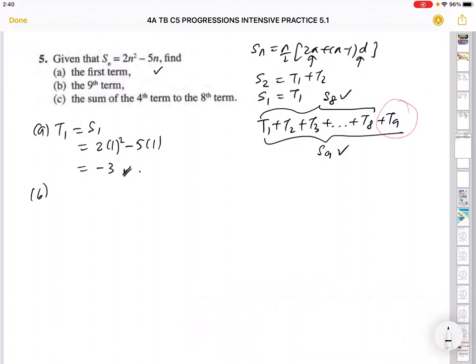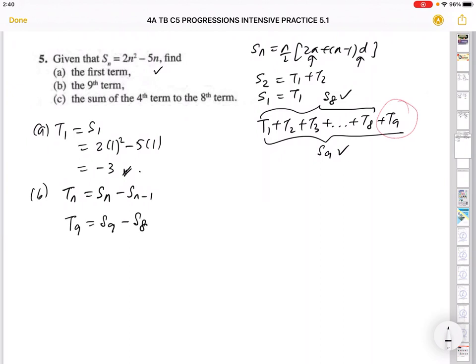This formula is applicable to both arithmetic and geometric progression. To find Tn from Sn, we use Tn equals Sn minus S(n-1). So if I want to find T9, I take S9 minus S8.